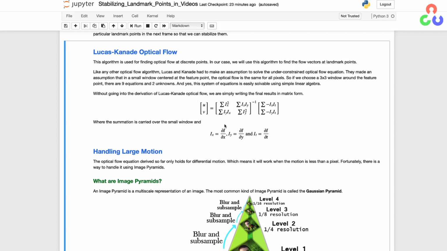It may look a little bit scary, but it is not very scary. Ix is basically the gradient in the x direction. If you remember, we calculate the gradient in the x direction by convolving the image with the Sobel operator in the x direction. Similarly, we find the y gradient by running the Sobel operator in the y direction. So we can find Ix and Iy. Now, how do we calculate It?